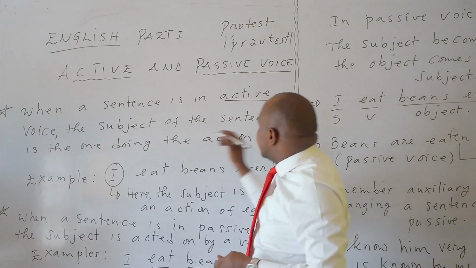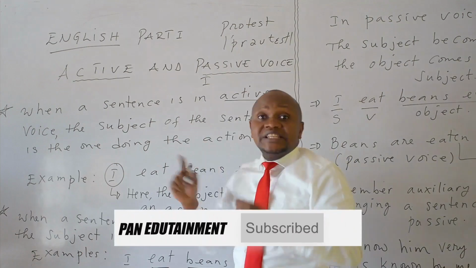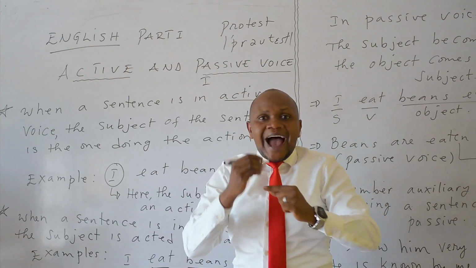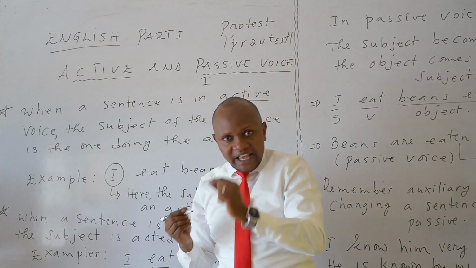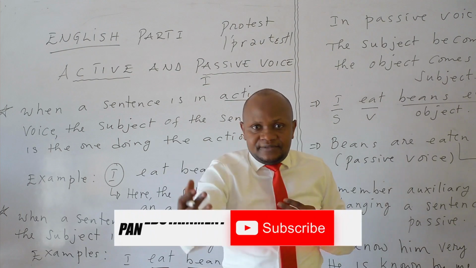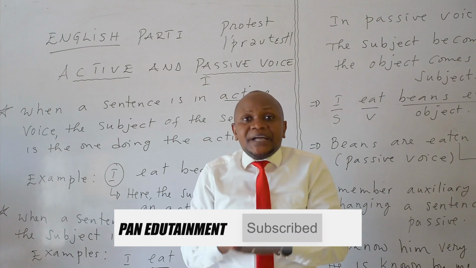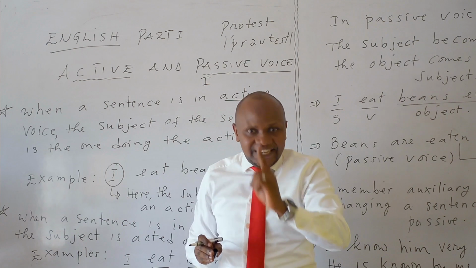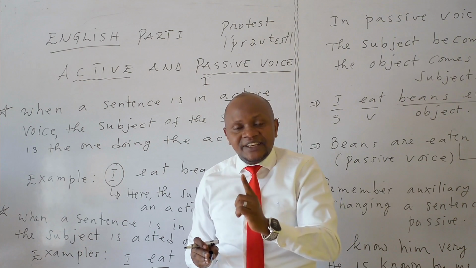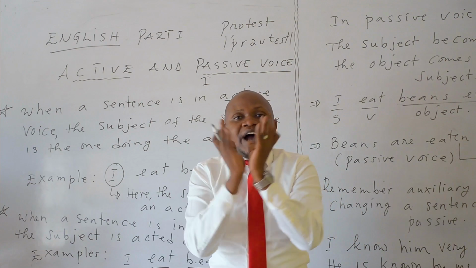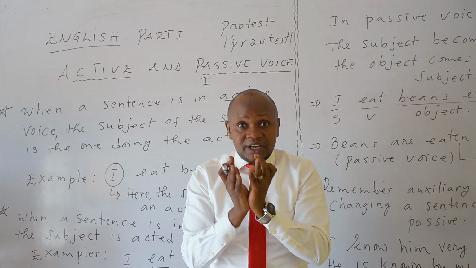This I which is here is the one that is doing the action. Iyi I niyo iri gukora igikorwa. I eat sweet potatoes every day. Urumva ko ni njyewe uri gukora igikorwa. Active voice, I. But when I say sweet potatoes are eaten by me every day, bishatse kuvuga ko noneho icyari I, umwanya wa I harajyamo sweet potatoes.